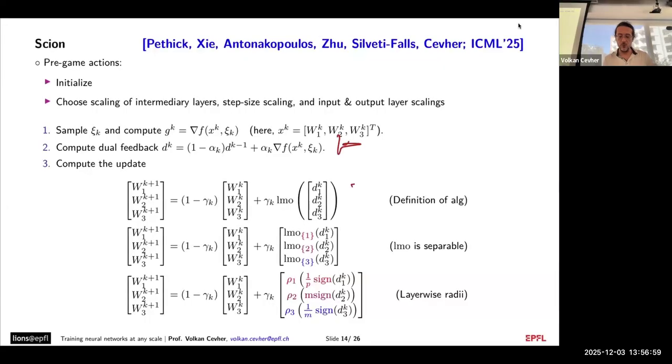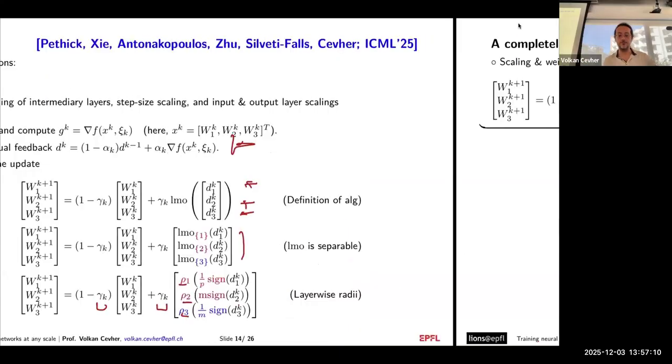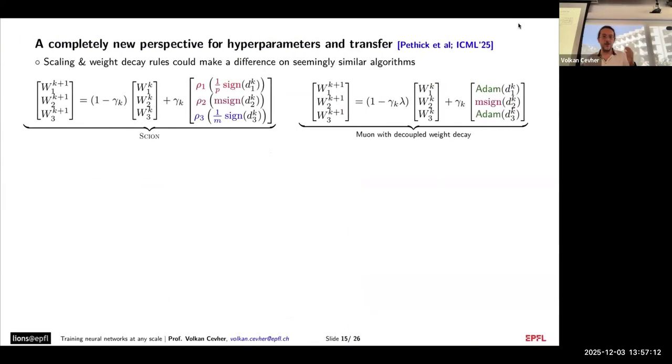You do your layer-wise LMO. And the algorithm is simple. You have the Frank-Wolfe step size and the radii for each layer. Here's the algorithm. And then when you do that, this inversion becomes extremely clear. So if you look at things like Muon that uses matrix sign and Adam in the input and output layer, you have the decoupled weight decay, right?